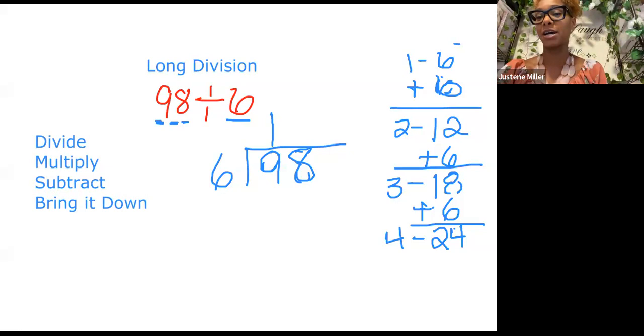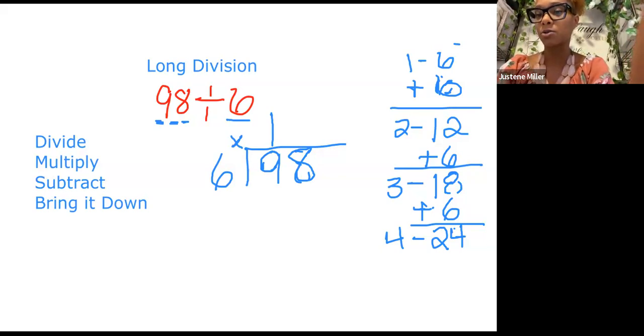So first step, divide. How many groups of 6 go into 9? 1. Now we multiply what's up top by what is on the side, which is my divisor. Sometimes people like to put a little X here so they remember to multiply. So divide: 6 goes into 9 one time. Multiply: 1 times 6 is 6.